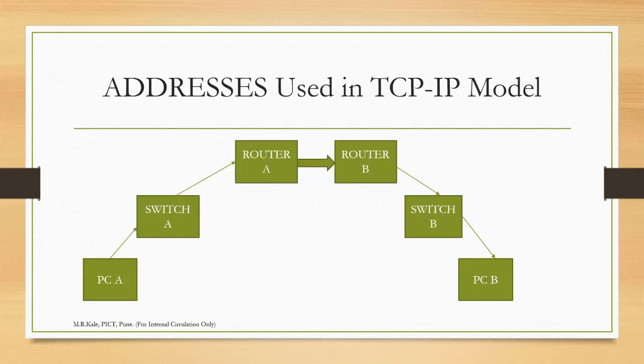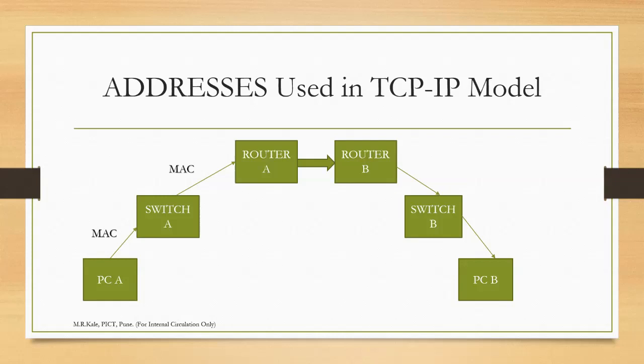So router to router communication takes place with the help of IP address, whereas switch to PC or switch to router communication takes place with the help of a MAC address. So from PC A to switch A, the data transfer will take place with the help of a MAC address. Switch A to router A, again MAC address.